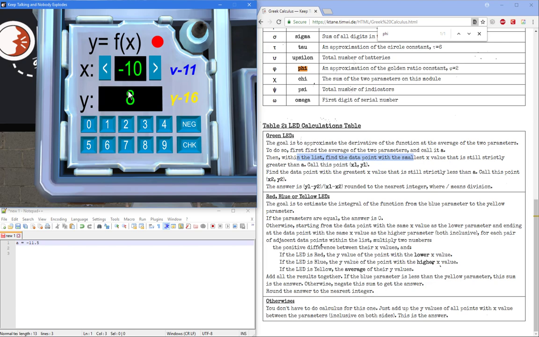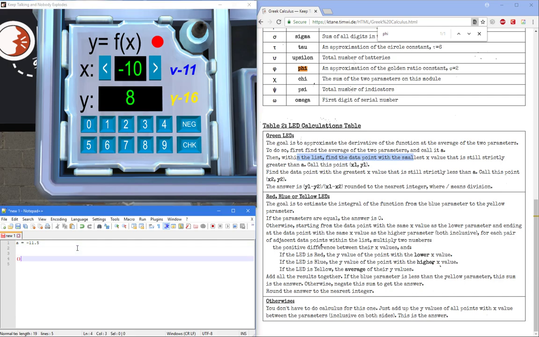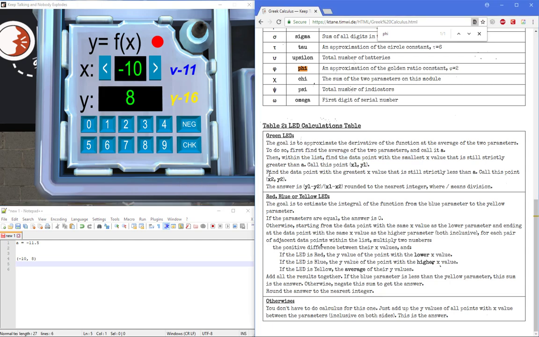And we take that and take these x1 and y1 value of this and call it x1 and y1, as seen right there. Next, we find the data with the greatest x value. Actually, I did this backwards, didn't I? Yeah, I did.